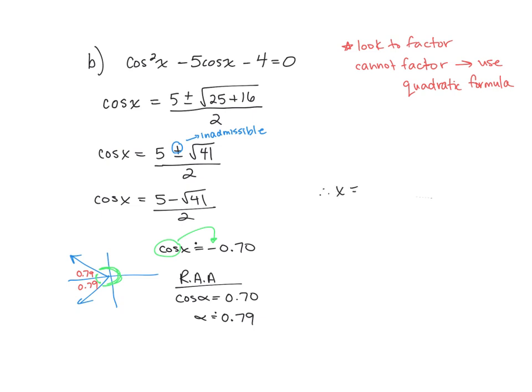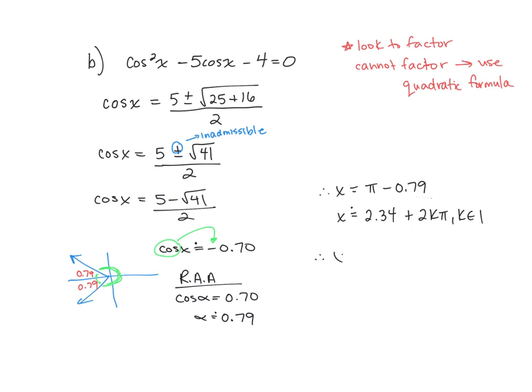So I have x is equal to pi minus 0.79, which means that that is going to be x is equal to around 2.34 approximately, plus 2 pi k, because I know it's going to happen every 2 pi units.